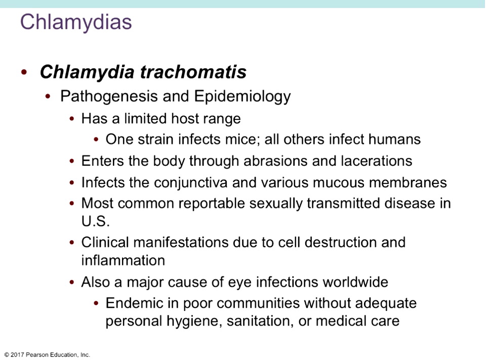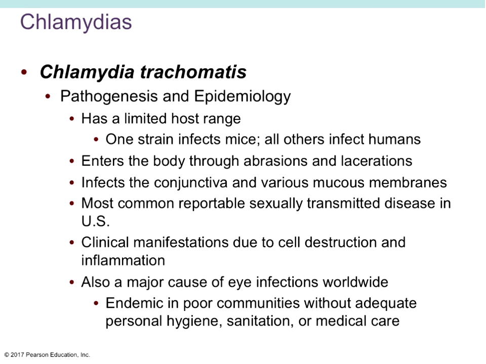Chlamydia is the most commonly reported sexually transmitted disease. Clinical manifestations of the disease are cell destruction and inflammation. It's also a leading cause of blindness worldwide that is actually preventable and treatable.